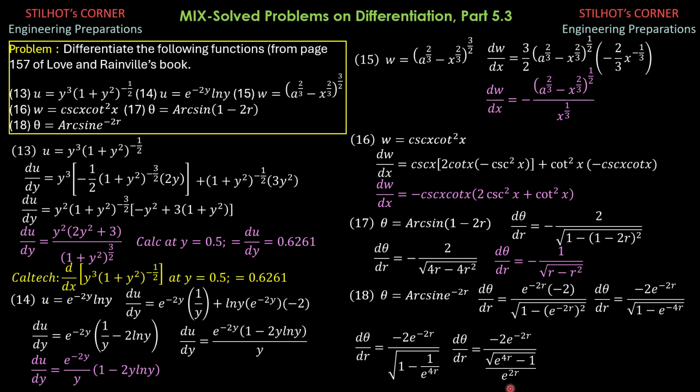This e to the 2r will be brought to the numerator and combined with e to the negative 2r. That would be e to the 0, which is 1. So the final answer is d theta dr is negative 2 over square root of e to the 4r minus 1. Then check that answer using this calculator technique and using this approach here.